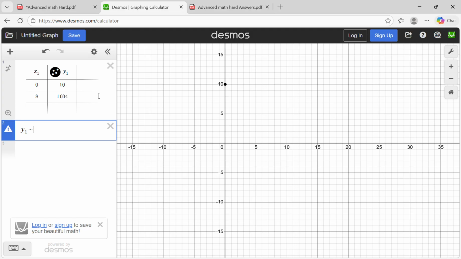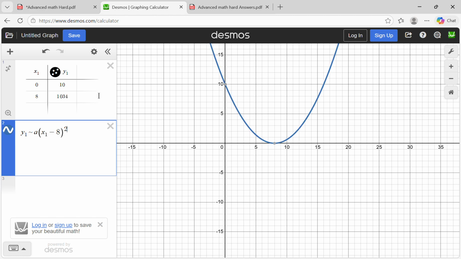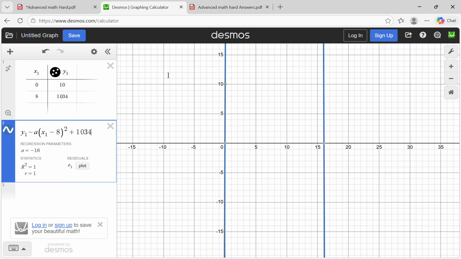So y1 tilde is equal to the vertex form, which is a times x1 minus 8 square plus 1034. Now we got a as negative 16, the same negative 16, the value of a which we found using a few steps in the algebraic method.